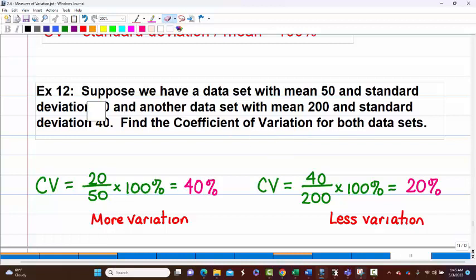From the first data set, you take 20 divided by 50, multiply by 100, and you get 40%. For the second one, you take 40 divided by its mean of 200, and you get 20%. So actually the first data set, even though it has a smaller standard deviation, would be considered more variable than the other one. So how about that?